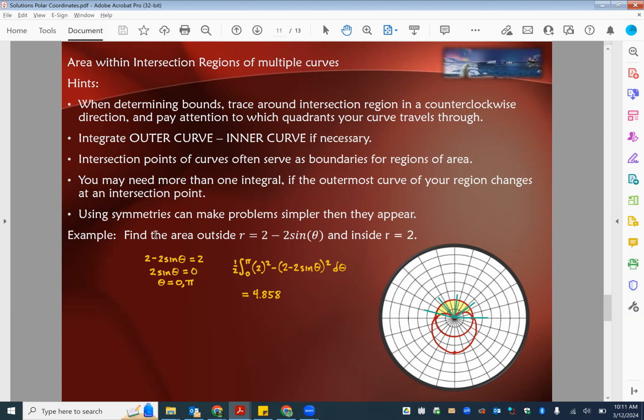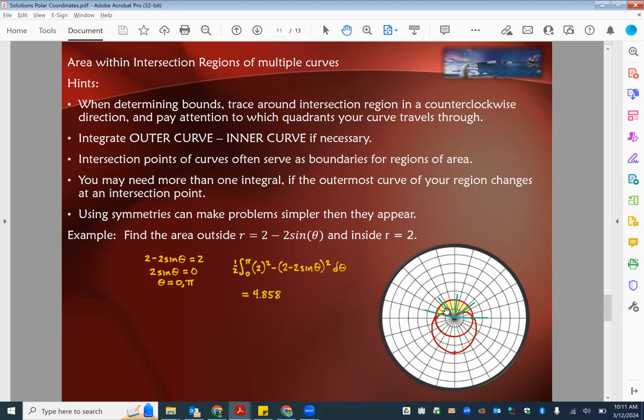All right, so this example, r equals 2 minus 2 sine theta, that would be the limaçon pointing down. r equals 2 is a circle. Okay, if we rotate counterclockwise, there are two intersection points of these curves that appear to be the starting and ending point.